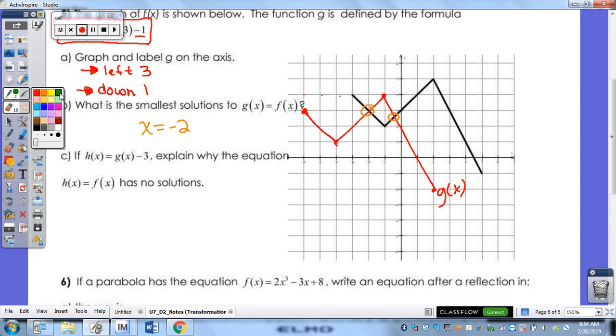So they want to know if h of x equals our g of x minus 3, explain why the equation h of x equals f of x has no solution. Well, it's easiest to explain that if I have my graph drawn on there. So I'm going to move these all down 3.